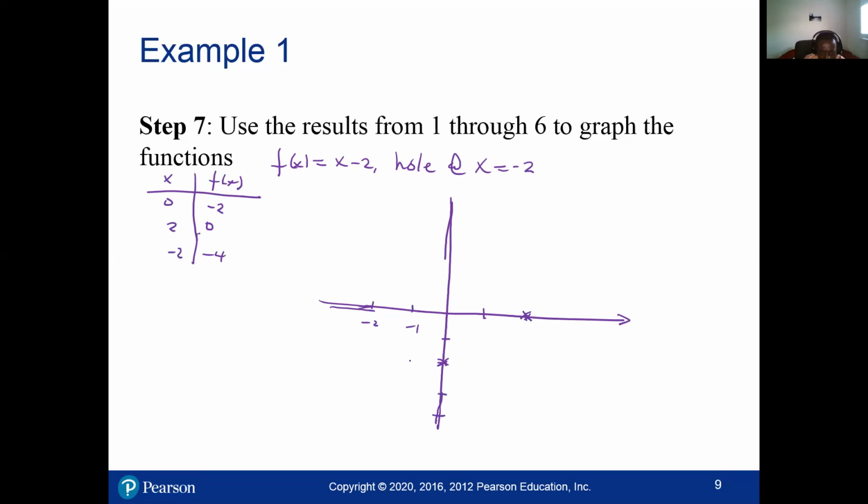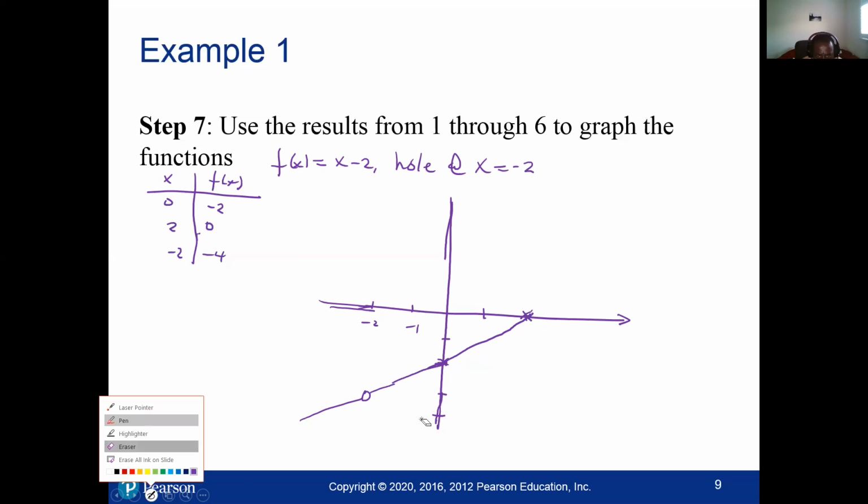Okay. Let's draw the line passing through the x-axis. Let me erase the line. I pick my pen again. So it passes through this, and then comes down to that. Let's say that this is where they intersect, and there's a hole there.